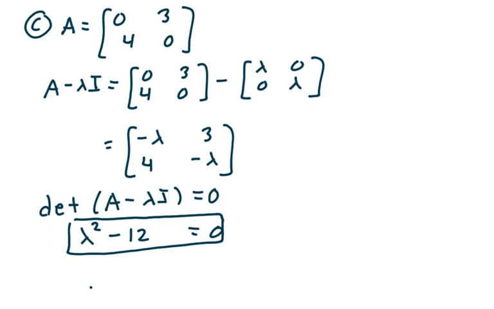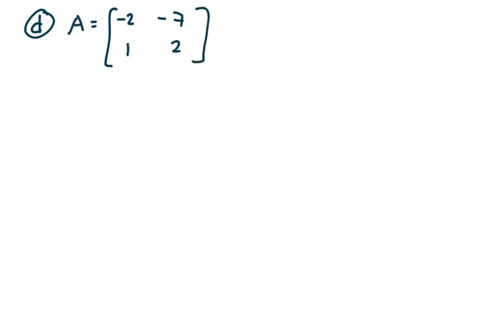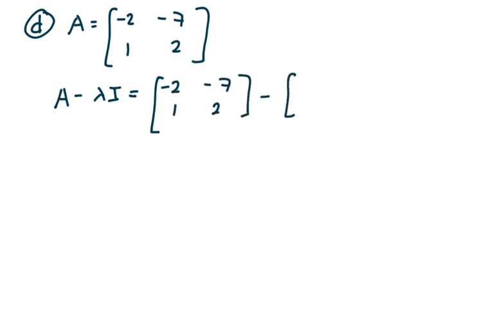Let's take a look at part D. Suppose A is the matrix [-2, -7; 1, 2]. A minus lambda I is the matrix [-2, -7; 1, 2] minus the matrix [lambda, 0; 0, lambda].